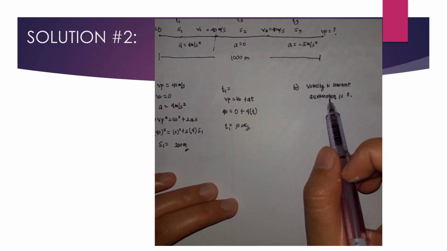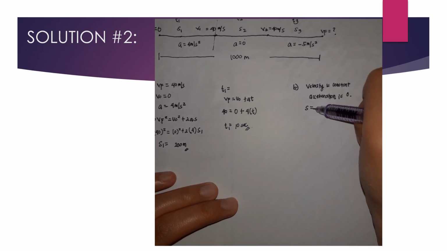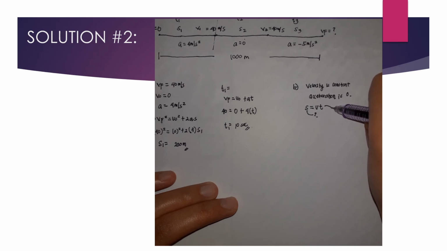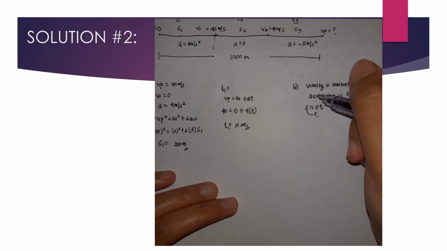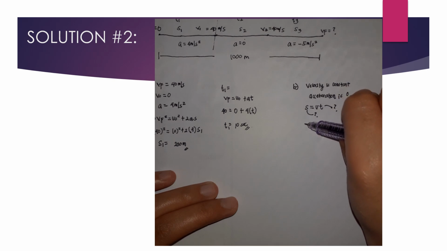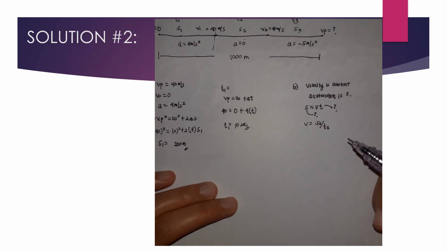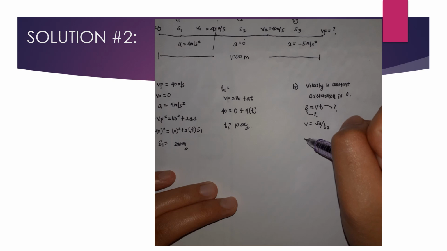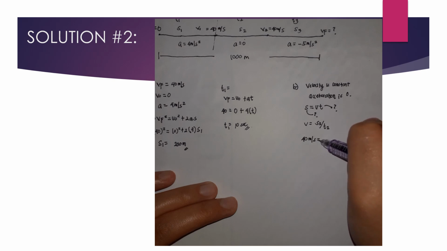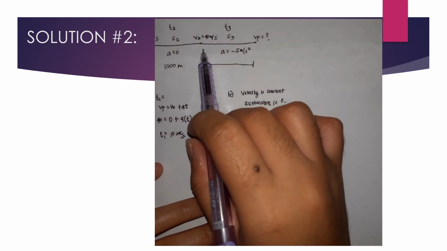Therefore, we'll be using the formula S equals velocity times time. Since our S is still unknown, and our time is also not given, we'll rearrange this formula to V equals S2 over T2. We have our given velocity of 40 meters per second, and S2 over T2, and we'll leave it as it is for now.